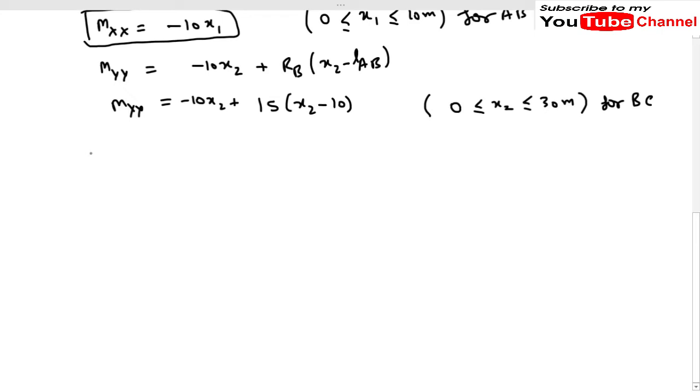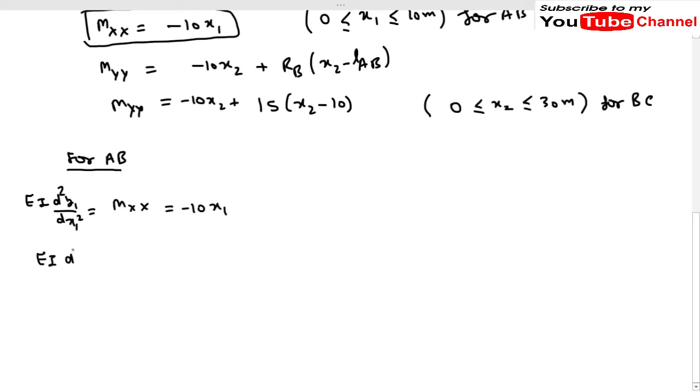Now we will write the equations. First, for AB: d²y1/dx1² equals Mxx, and the value of Mxx is minus 10 x1. Now we will integrate this equation.